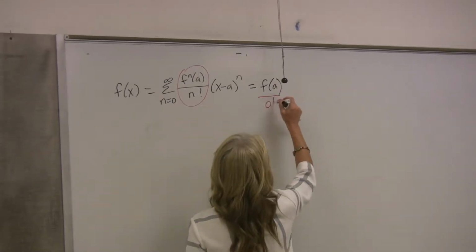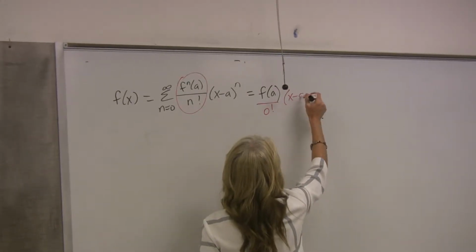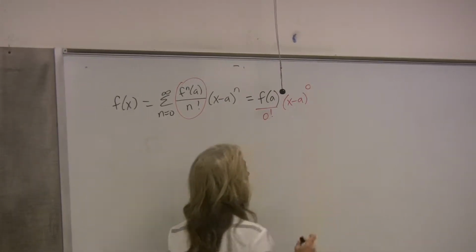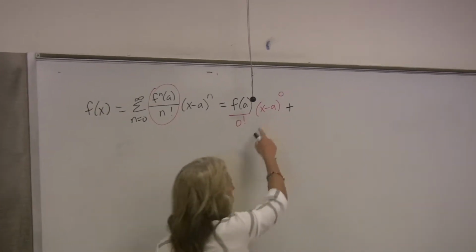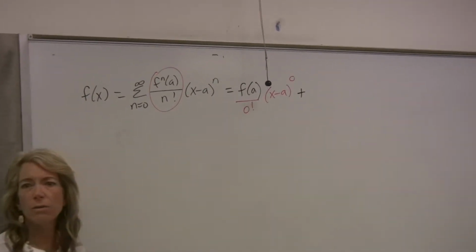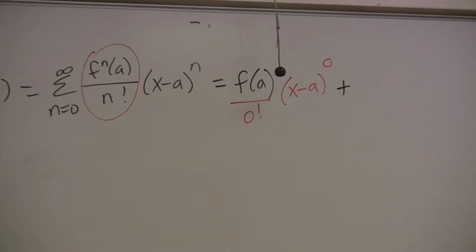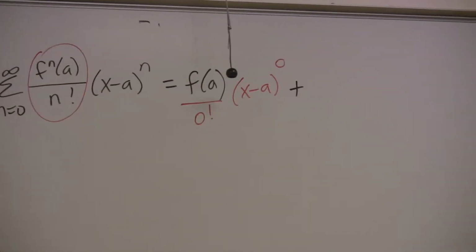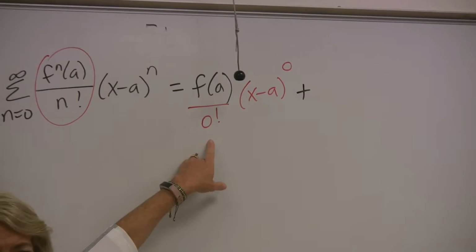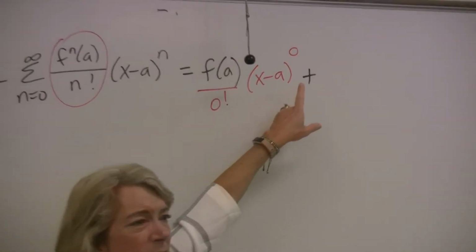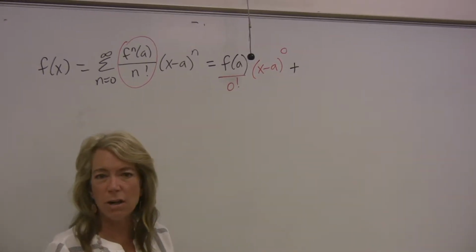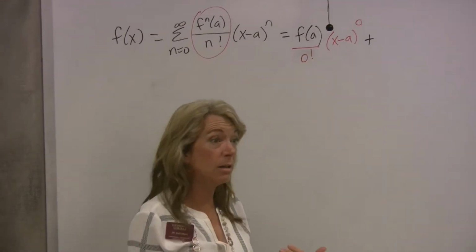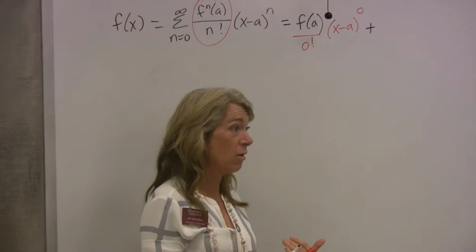Over 0 factorial times x minus a to the 0. That's just your first term. Why didn't I put the red part on your notes? Because it cancels out. 0 factorial equals 1, and anything to the 0 power equals 1, which is why that red part wasn't written in your notes, but I think it's important to know it was there. It just got simplified in your notes.